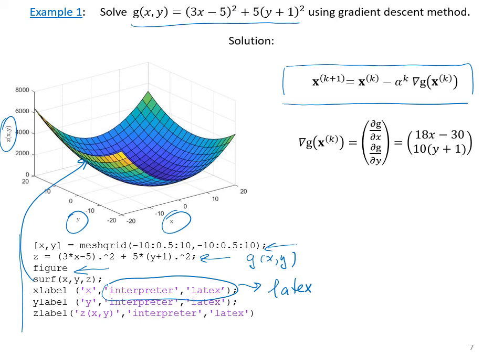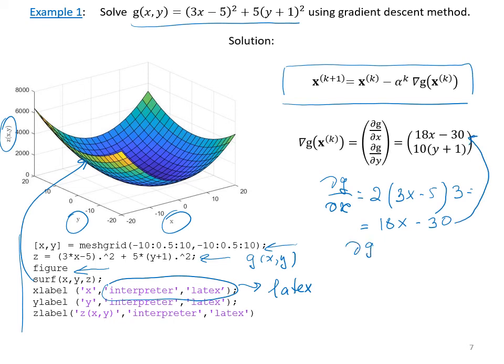Partial derivative of our function g over x, and we find this derivative using simple rule, and we can get first expression from here. And similar to that, we find derivative over y, and we can also compute it and get second equation.